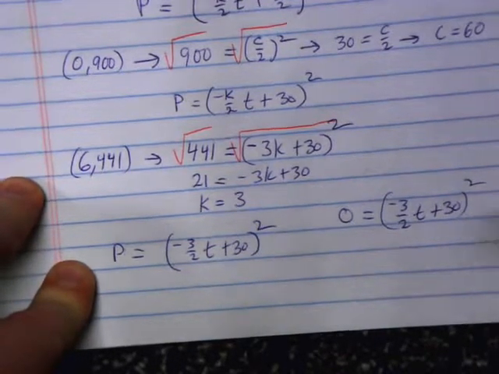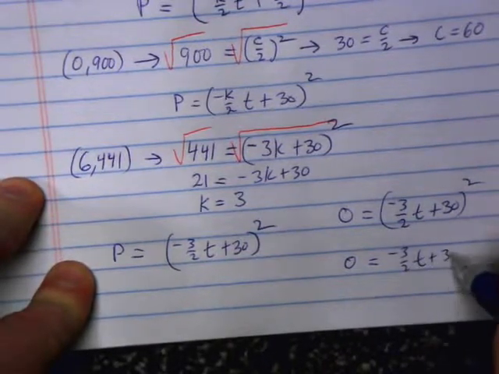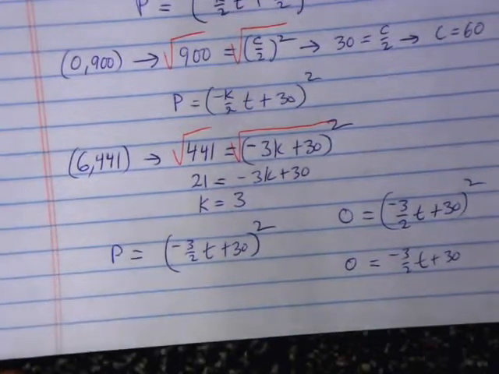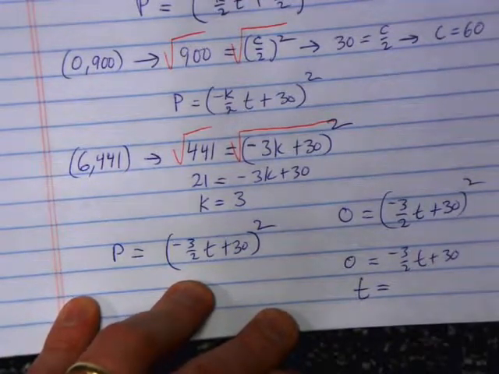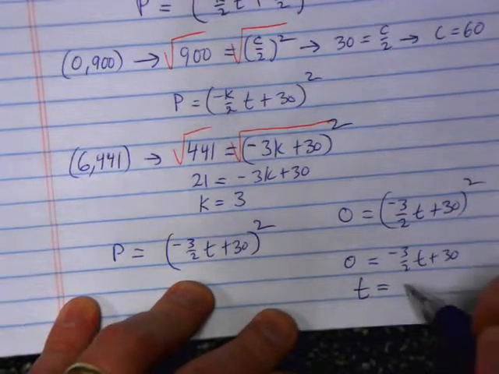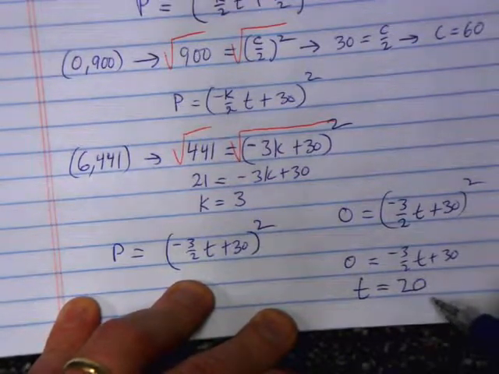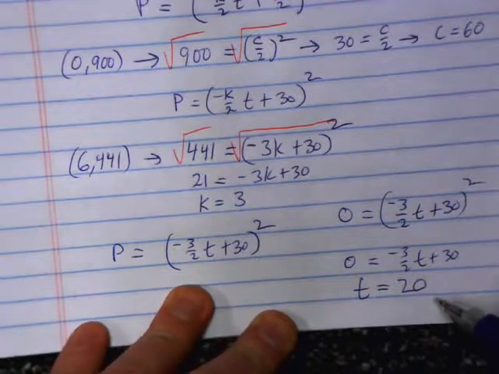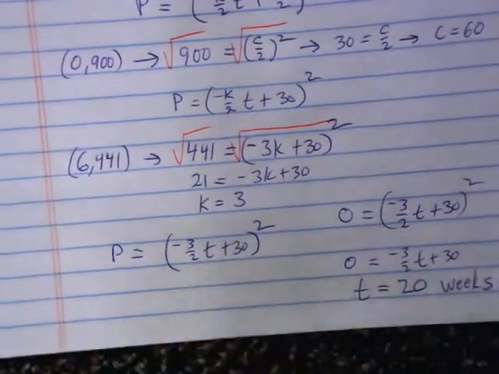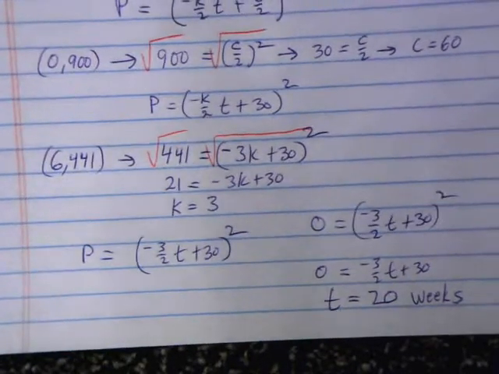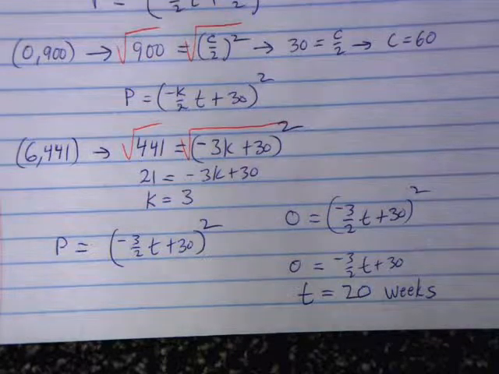Squared doesn't really do anything because I can square root both sides. 0 equals minus 3/2 t plus 30. Subtract the 30, divide by negative 3/2. T is 20. This would be negative 30 times 2, which would be 60, divided by negative 30. I agree. T is 20. It's going to take 20 weeks for all the fish in that lake to die.